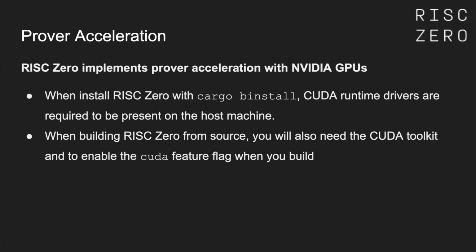If you want to use an NVIDIA GPU as an accelerator, then installing RISC Zero with cargo binstall will give you a version of the RISC Zero VM with CUDA support compiled into it. You also will need the CUDA runtime drivers on the machine that you're going to run the program on. If you're building RISC Zero from source, you can build in CUDA with the CUDA feature flag. You will need the CUDA toolkit on your system.